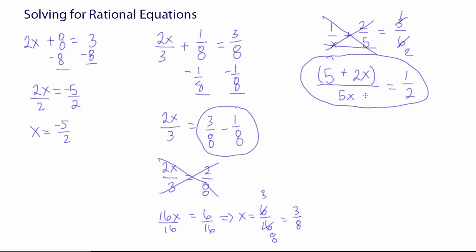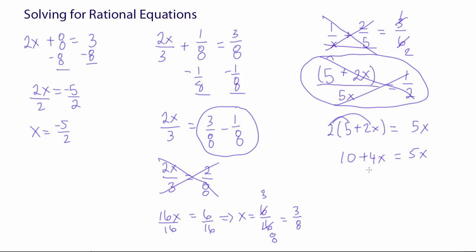So to solve this, we need to cross multiply. So that's 2 times 5 plus 2x equals 5x times 1 gives me 5x. And then I have to multiply the 2 out to distribute. 2 times 5 gives me 10. 2 times 2x gives me plus 4x equals 5x.